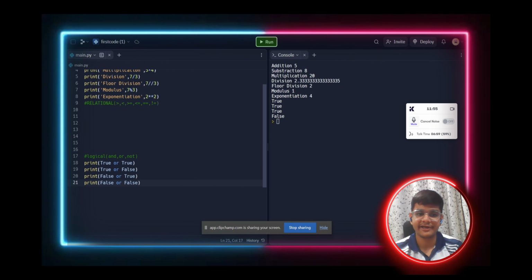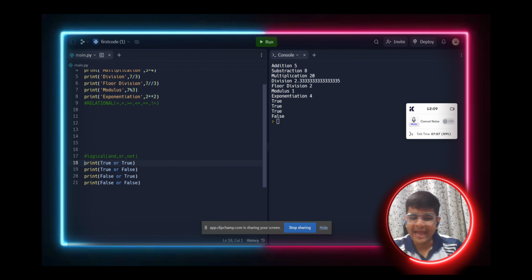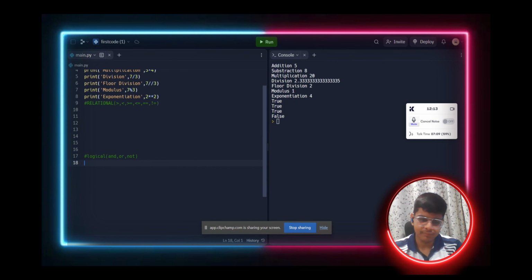If you write it in small letters, then it is not considered as a Boolean. Now of course the error has been removed. False or False, that is False. Means if any of the operands is true, at that time the output will be true. That is the convenience of the or operator.